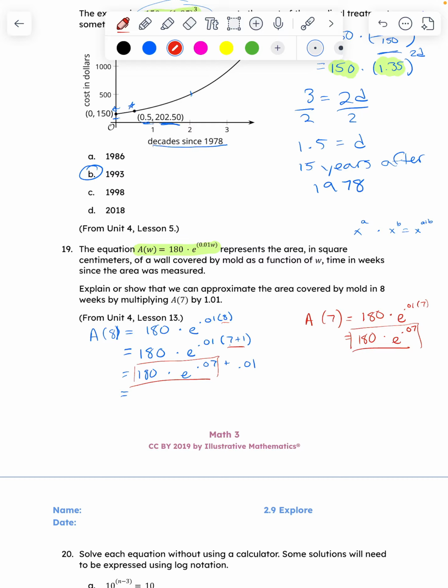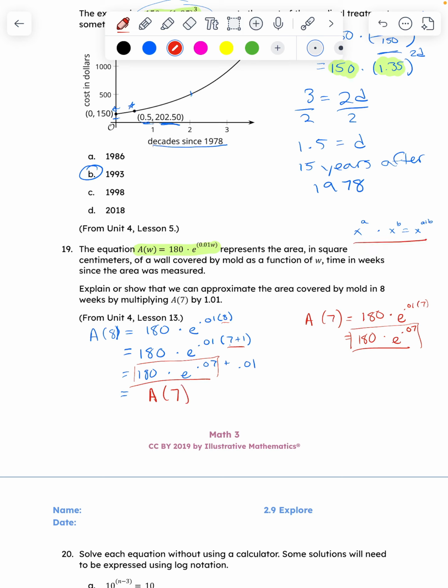Same thing. So when I know that something is equal to something else, I can rewrite it as that other thing. So I can say that this 180 times e to the 0.07 is the same as a of 7.